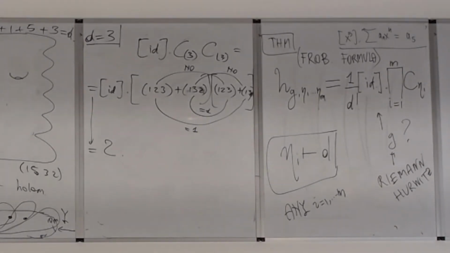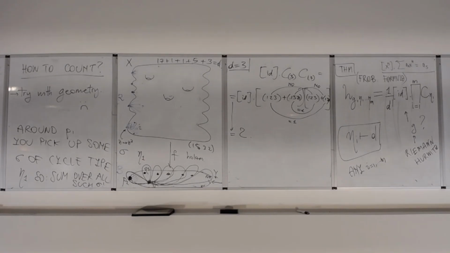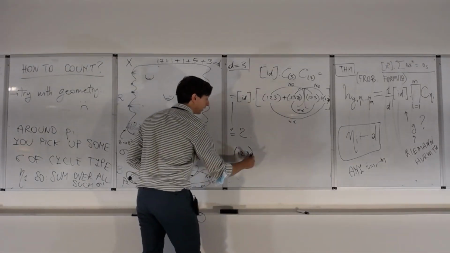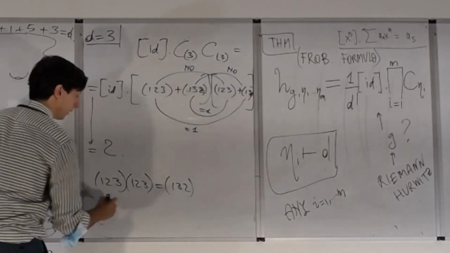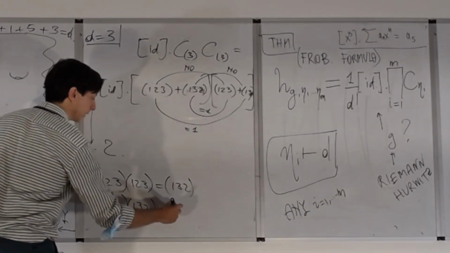When you say times, you mean composition of permutations. Yes. You're convinced, right? (1 2 3) composed with (1 2 3) is (1 3 2), but (1 2 3) composed with (1 3 2) is the identity.